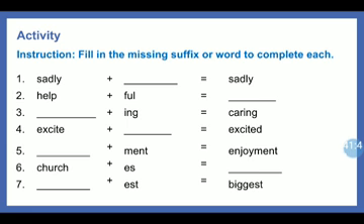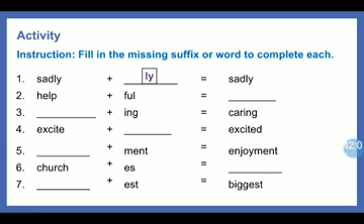Oh, I gave away number 1. So number 1 should be sad. Your answer is sadly. So what would be the suffix that we added? It would be ly.